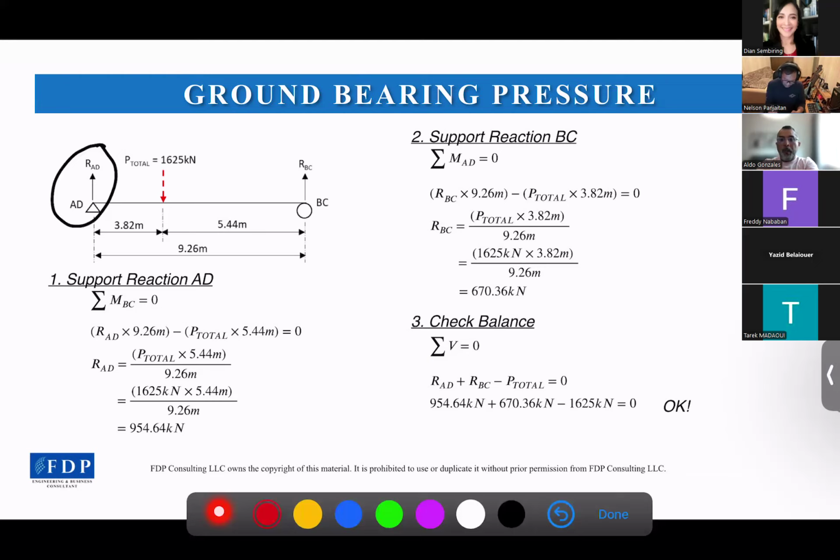So what's the moment force that appears on the BC? It will be the reaction of AD times 9.26 meters, the distance to BC from AD here, minus P total times 5.44 meters, the distance to BC. Then we got the joint reaction at AD equals 954.64 kilonewton. Is it clear until here?